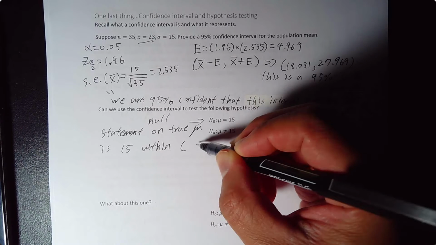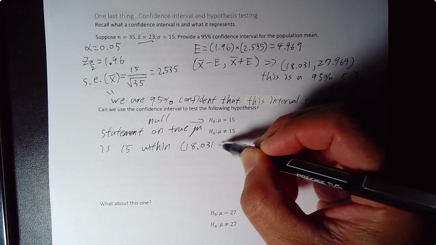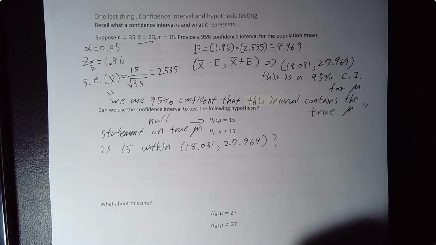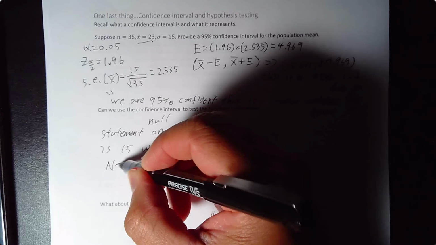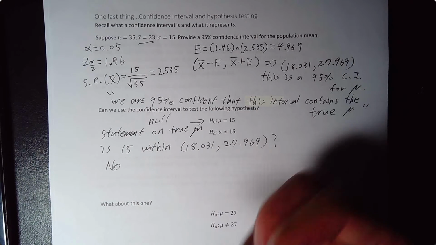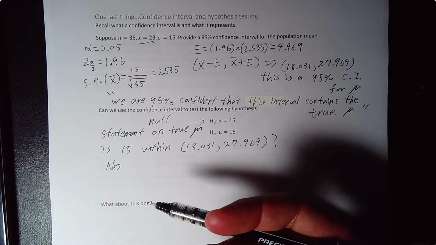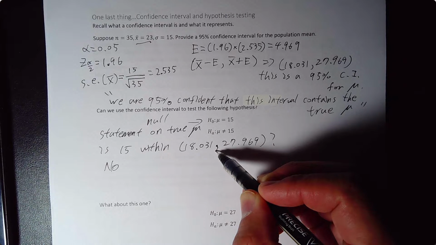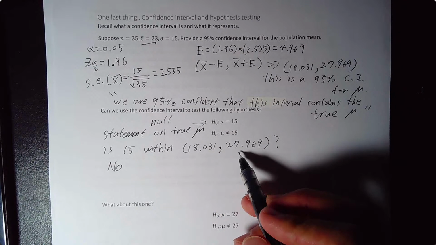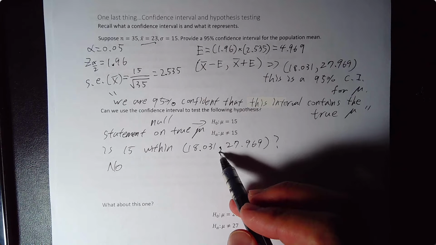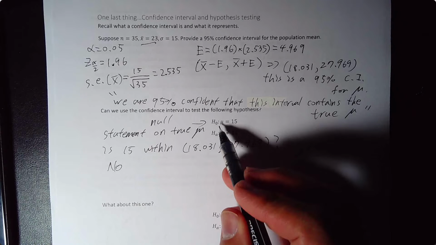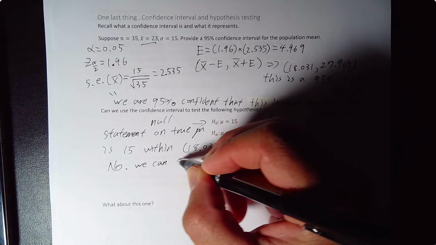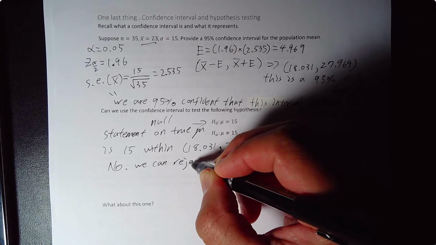Let me write the interval down here again, the interval that we just calculated, 27.969. So the answer is no. We don't know exactly what the true mu is. However, we are 95% confident that it's between these values. But since 15 is not here, we can reject the null hypothesis. So we can use the interval to reject the null.